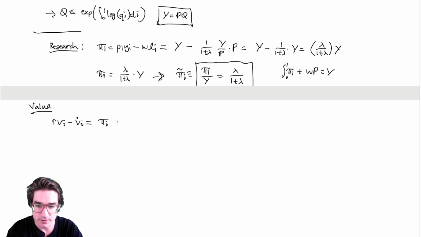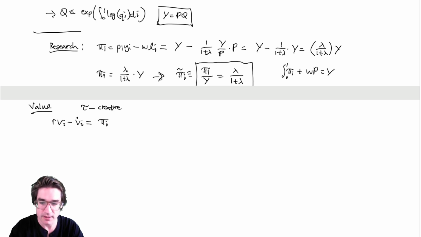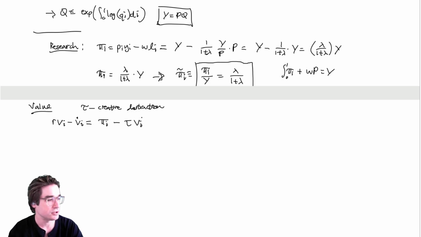I'll tell you what the answer is, and I'll show you how we get there. If you've got some rate of creative destruction, which is the rate at which you get kicked out, then you're going to get an extra term, tau, that rate, times your original value function.